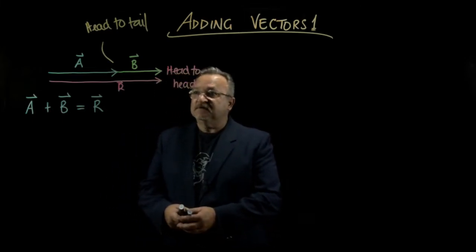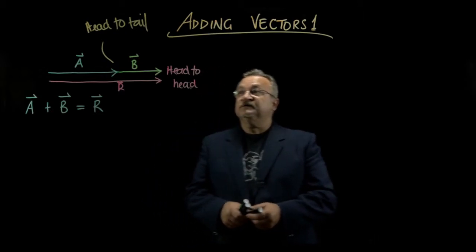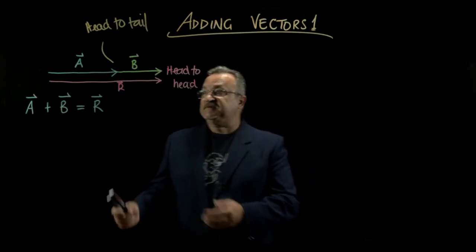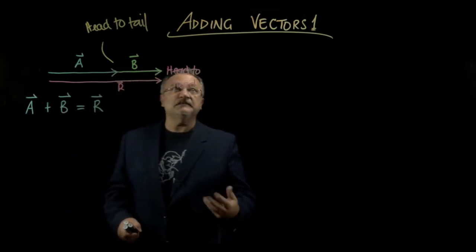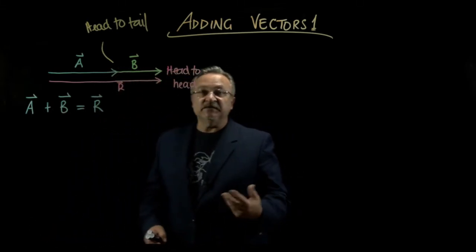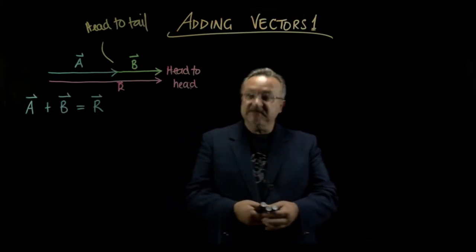All right, let's have a look at a situation now where we're taking two vectors and we're subtracting them. So in this particular case, we've got A plus B equals R. So when we talk about adding vectors, we can also add the opposite vector, which is like subtracting vectors. So let's do one now.